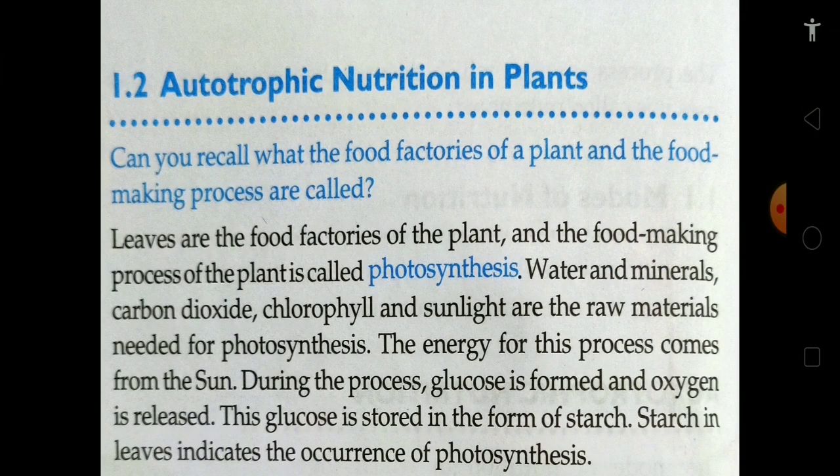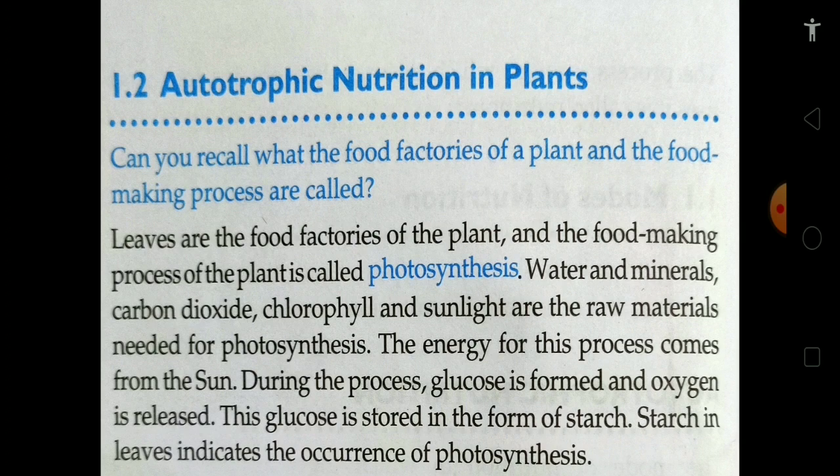Next topic, autotrophic nutrition in plants. All green plants make their own food during the photosynthesis process. Whenever plants do photosynthesis, they prepare their food, and to prepare the food, the leaves do the activity.